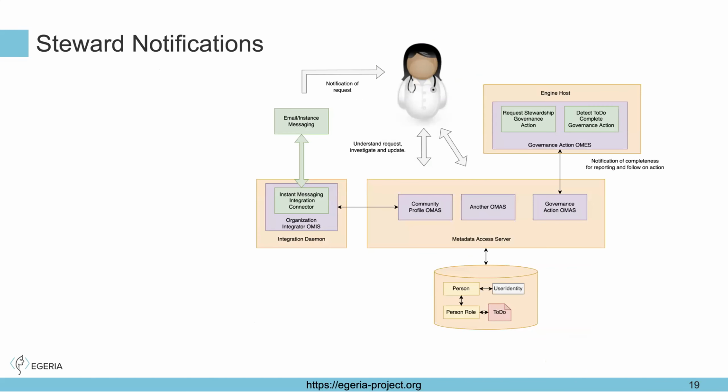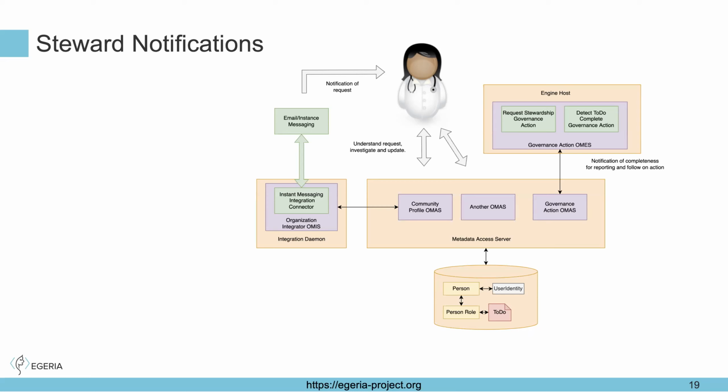Another way of doing it is if we need to get a human to do something. Here we're using the integration daemon to push a request to email, to instant messaging, to some tool that is going to wake somebody up to say, by the way, you need to do this piece of work.